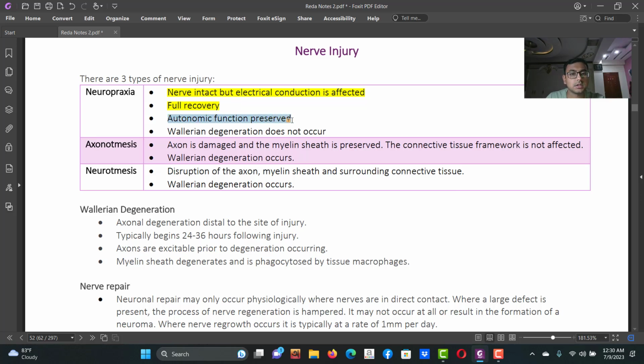Autonomic function is preserved, so the sympathetic and parasympathetic systems are not affected in neuropraxia. Wallerian degeneration does not occur. Wallerian degeneration means axonal trauma followed by the repairing process, but in neuropraxia there is no need for Wallerian degeneration. It will give full recovery after a few days.